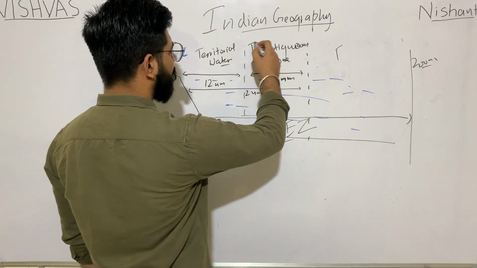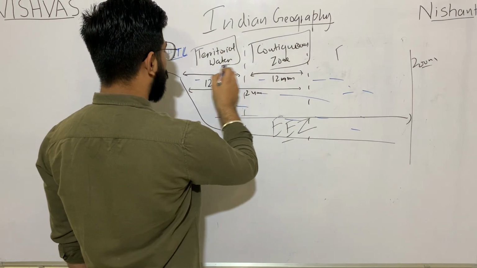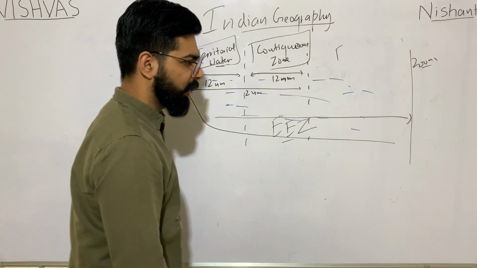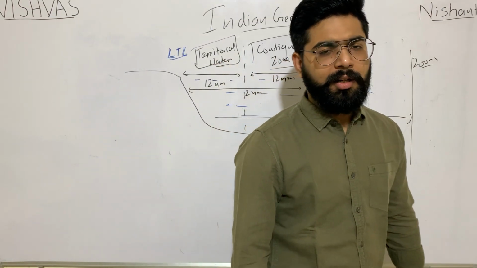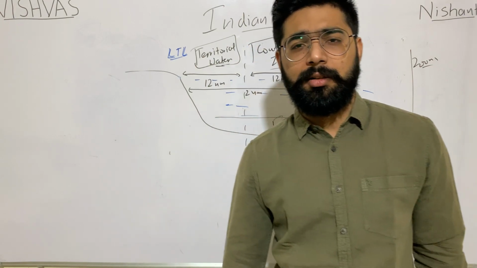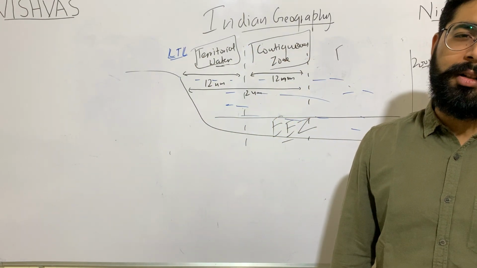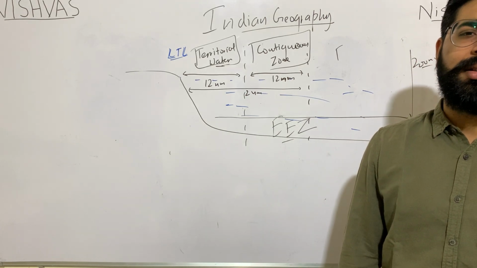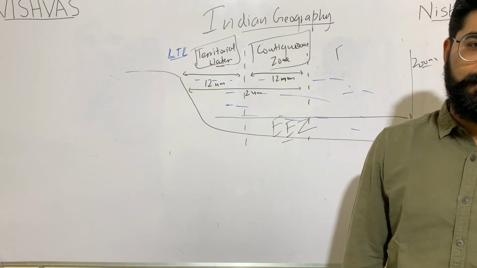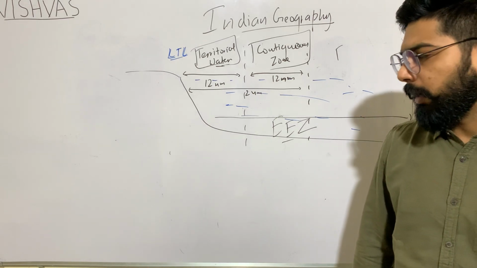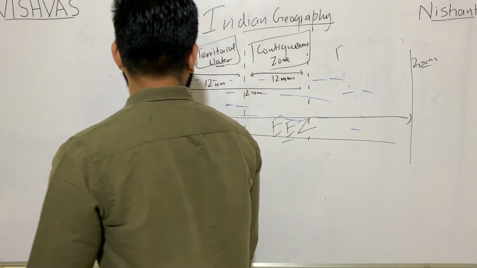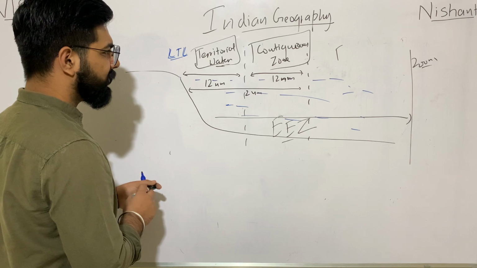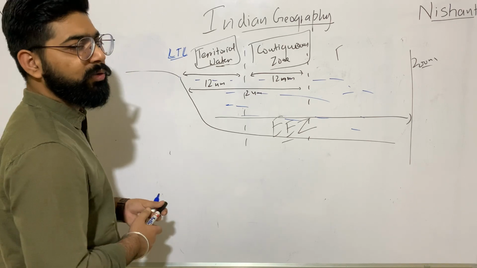So remember, in the contiguous zone, if a ship of another country is passing through and using this zone for trading, that ship will have to pay customs duties or the further duties which are applied. So till 200 nautical miles we have the exclusive economic zone.